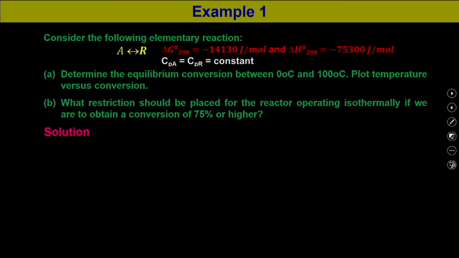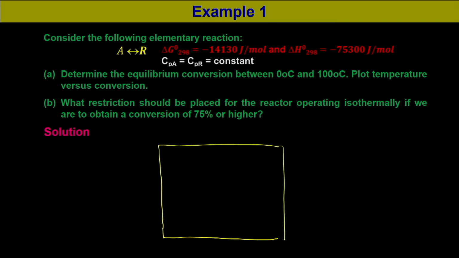Say if we plot temperature in degree centigrade and the conversion, we would obtain this is 0, and this is temperature in degree centigrade, and say this is 0 and this is 20, say 40, 60, 80, 100, 120, 140.